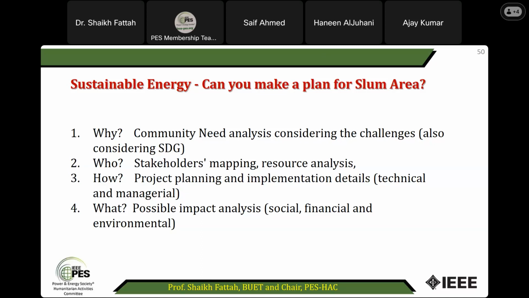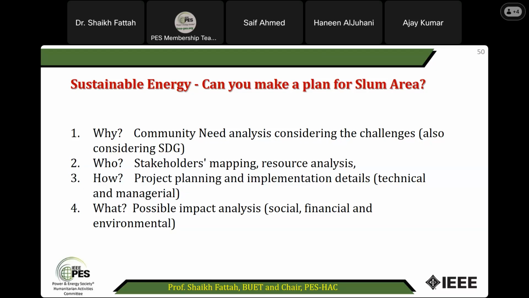Maybe they do not have an electricity connection, so they have problems with electricity at night. So their education is hampered, their entertainment is hampered, and they are not capable of getting clean water or something. So you can map the stakeholders.